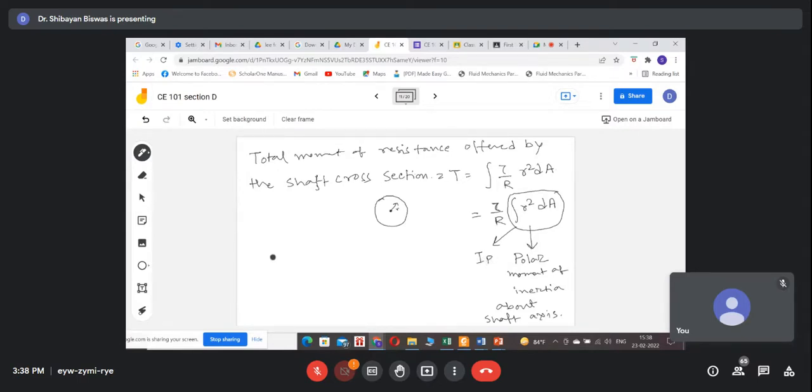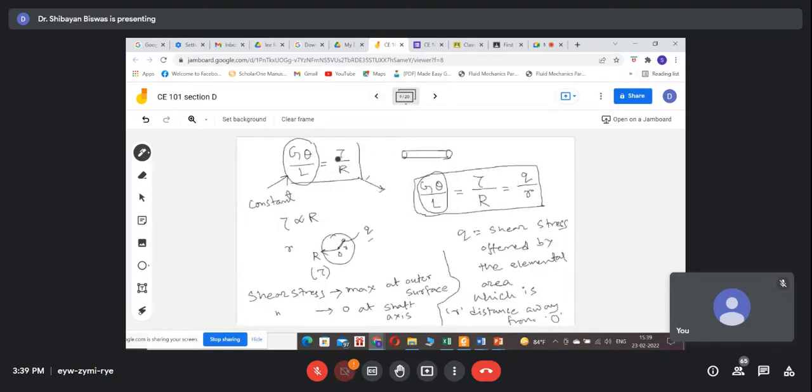That means the total moment of resistance offered by the shaft cross section, T, is equal to tau by R into IP. Or we can rewrite it as T by IP equals tau by R. Again, we know that tau by R equals G theta by L. We already have seen it from the expressions.